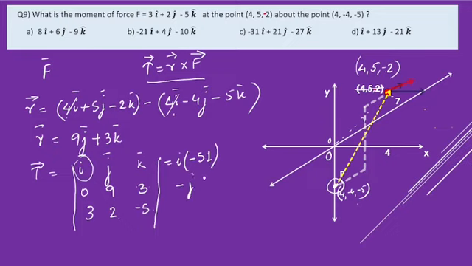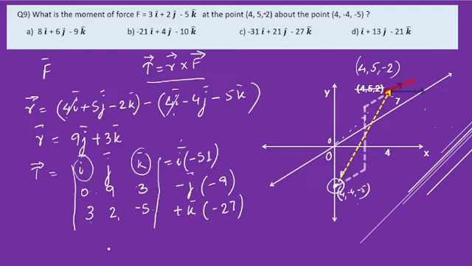What about j now? We take the j part: 0 into minus 5 is 0, and 3 into 3 is 9, so this becomes 0 minus 9. Plus k: we take the k here, 0 into 2 is 0, minus 9 into 3, 27, becomes minus 27.